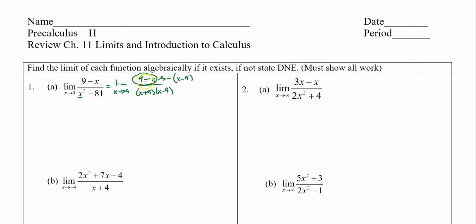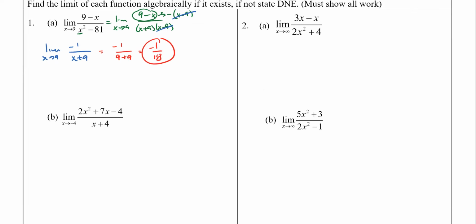So if I just factor out the negative sign from the two terms, I get negative x minus 9, which means that my two factors of x minus 9 cancel out, and I'm left with the limit as x goes to 9 of negative 1 over x plus 9. Now at this point I can use direct substitution, and I get negative 1 over 9 plus 9, which is negative 1 over 18.